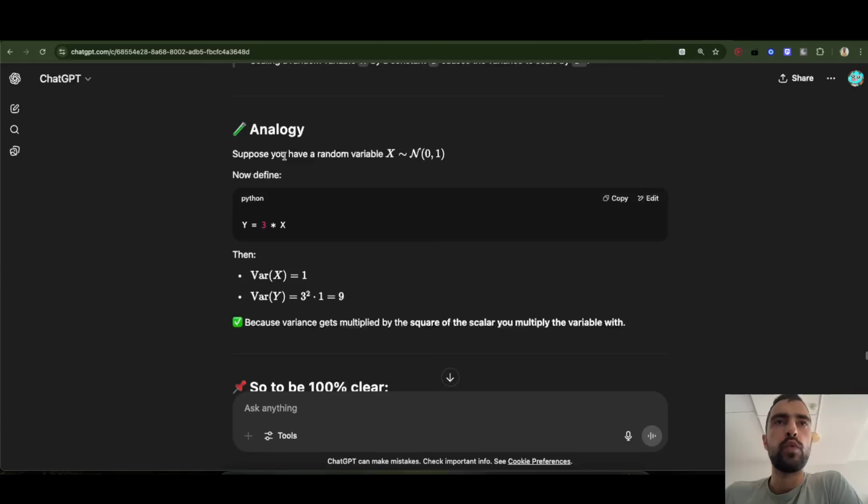So we have, let's say, this X variable that is a normal distribution, so mean 0 and variance 1. It can have numbers outside of this range, but these are the most likely numbers, between 0 and 1 or minus 1. But anyways, if we say 3 times X, we are not multiplying the variance by 3, we are actually multiplying the deviation, the spread, by 3.